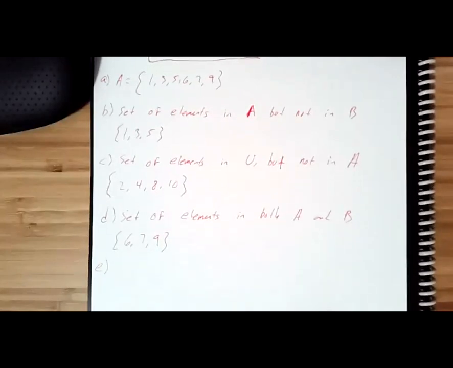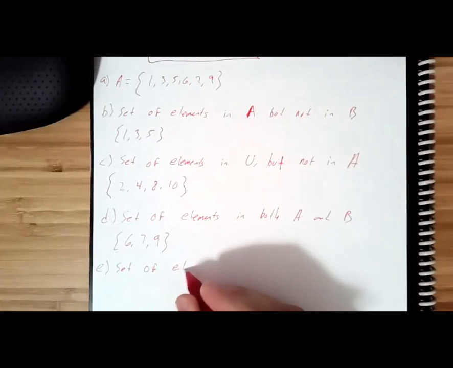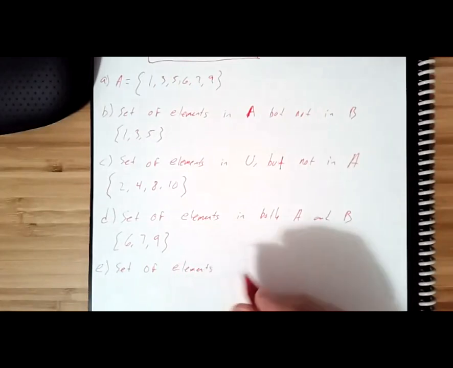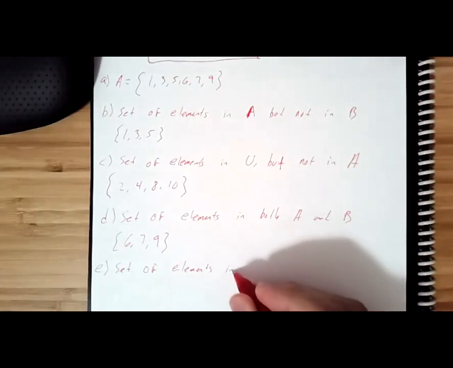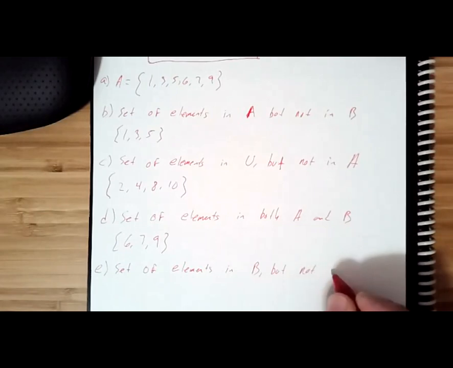Set of elements in B, but not in A. Okay.